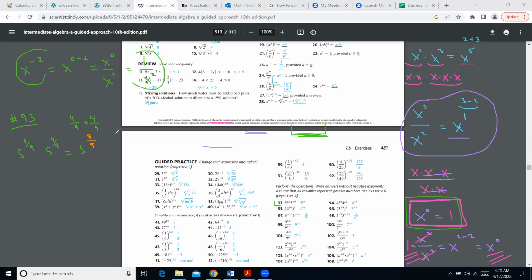So the idea is it doesn't matter if you have fractions or whole numbers, you just go ahead and add those powers and get a result. Turns out that this could also be treated as a 9th root extracted from 5 to the power of 8. In other words, the fractional powers we can write as radicals. And that's interesting. Let me do one more here, exercise number 95.